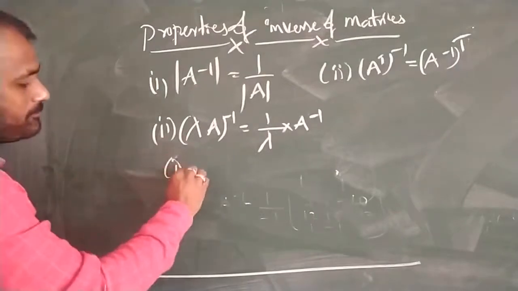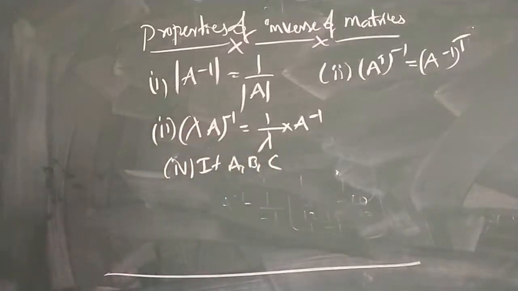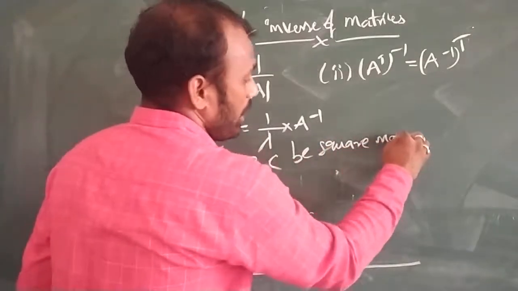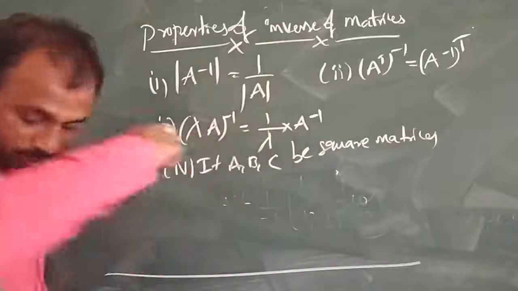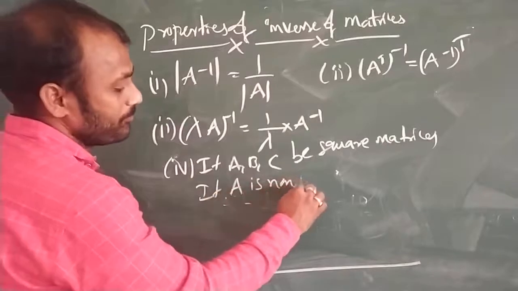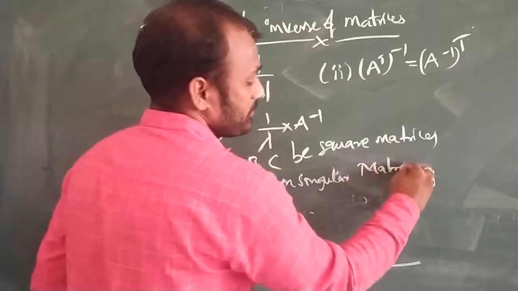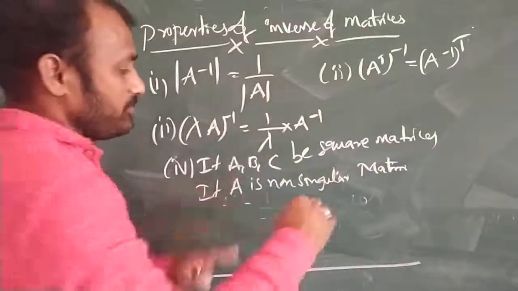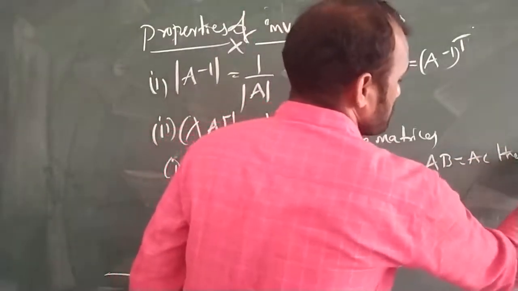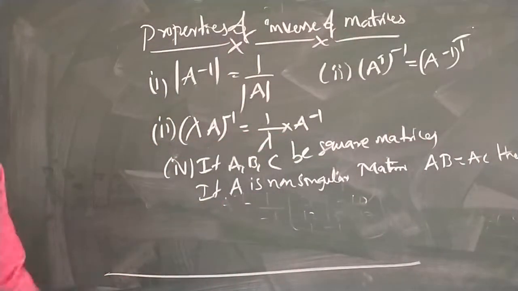And the fourth one, if A, B, C are square matrices, and if A is a non-singular matrix, then if AB is equals to AC, then B is equals to C. Similarly, another theorem is there.